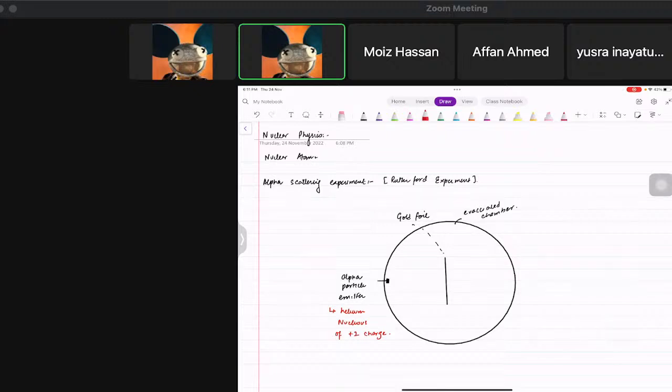Now, what happened was that when the alpha particles were directed towards the gold foil, three different things happened. Most of the particles either went straight or they were deflected at very small angles. Some particles deflected at large angles.